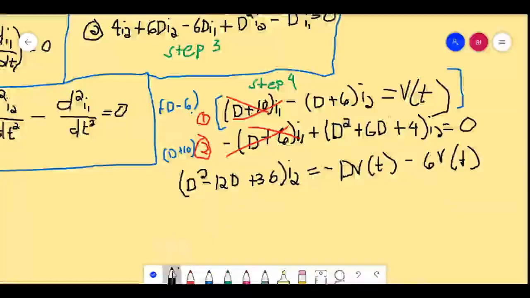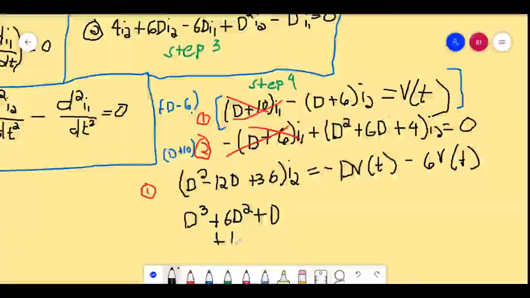Next, let's multiply this with this. This would be our equation 1 still. So d plus 10, d squared 6d plus 4. So d first, we have d to the 4th. No, d cubed plus 6d squared plus 4d.